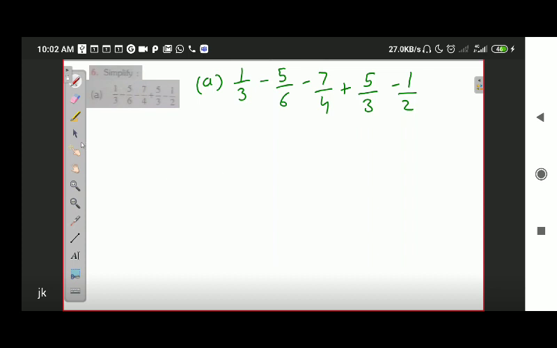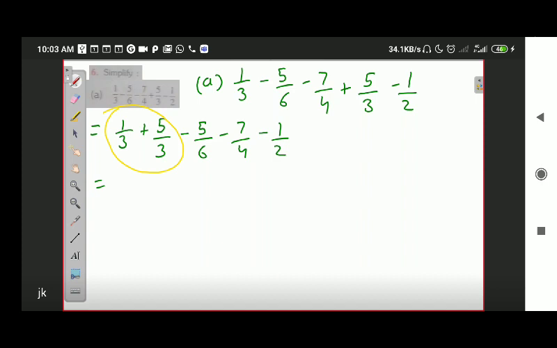So first of all, I will rewrite it as 1 upon 3 plus 5 upon 3, because both the denominators are same, and the rest of the numbers as they were: minus 5 upon 6, minus 7 upon 4, and minus 1 upon 2. First, I will simplify the first two numbers.